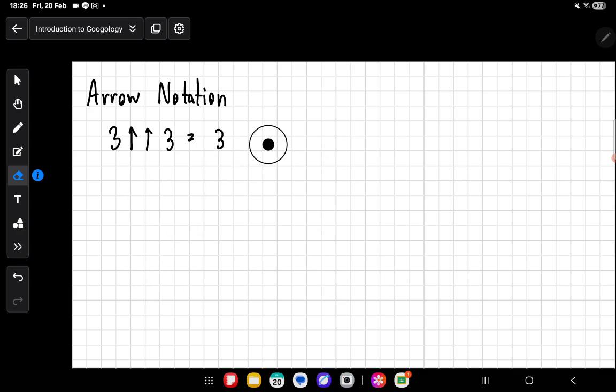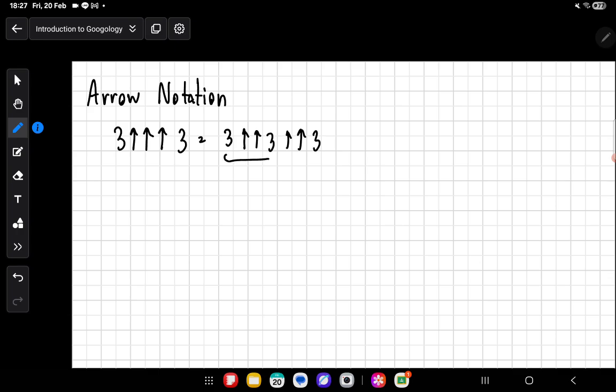But we can go beyond this. Say 3 triple up arrow 3. What does this equal? We've learned that the double arrow can be broken down into singular arrows. So what does this tell us? 3 triple up arrow 3 means 3 double arrow 3 double arrow 3. As you can see, we have 3 of them, so this is in fact correct.